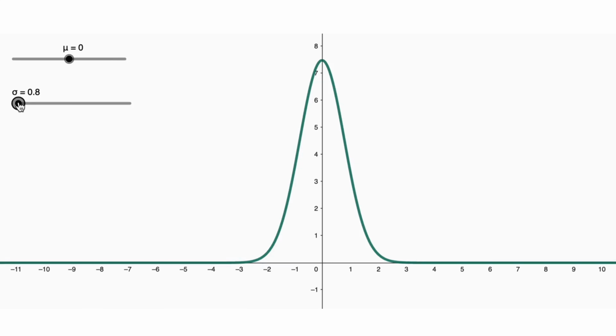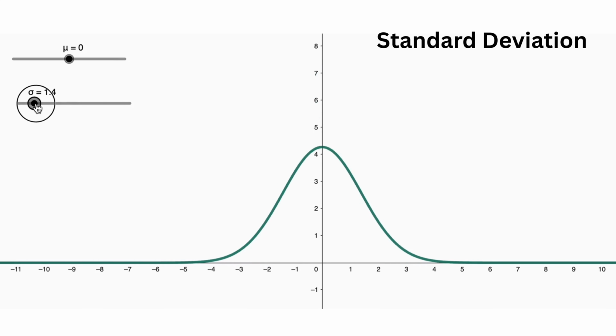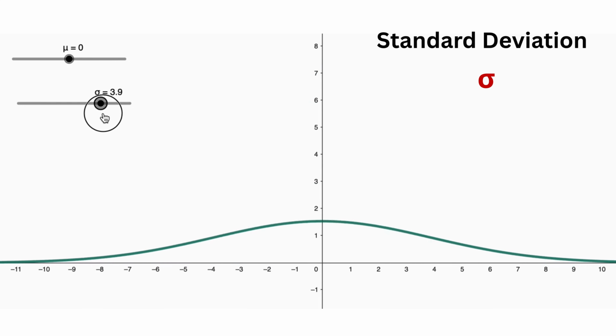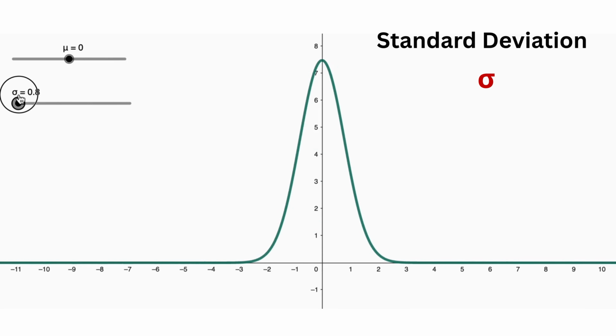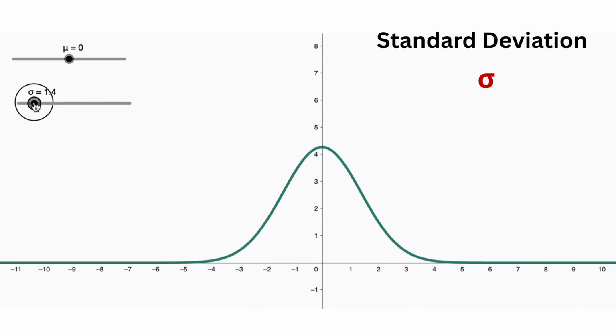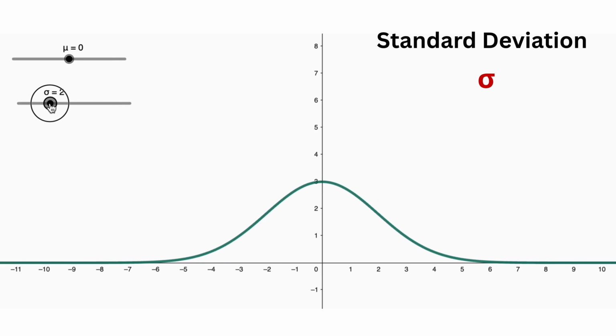Now, the second number is called the standard deviation, written as sigma, and it tells you how wide or narrow the bell is. A small sigma means the bell is tall and narrow, which means the values are tightly packed near the mean mu. Then, a large sigma means the bell is short and wide, so values are more spread out.